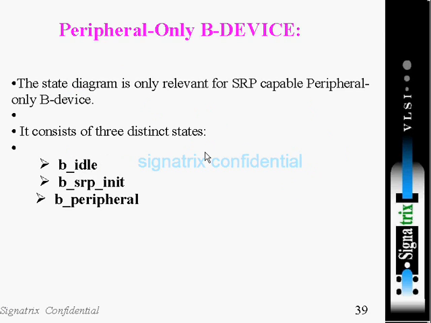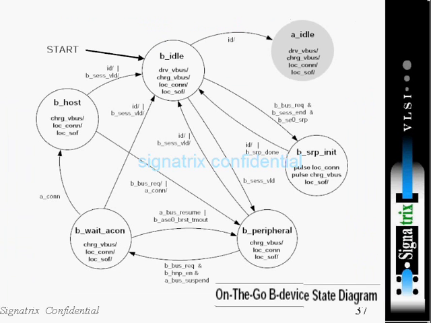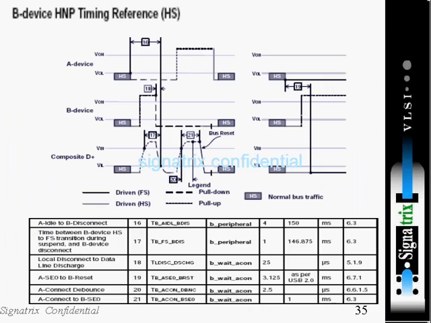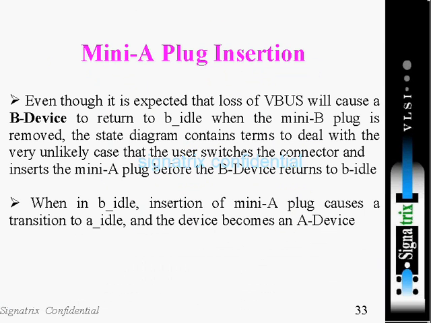We'll go back to the slide where we had some doubt. Now you read out this first point. Even though it is expected that the loss of VBUS will cause VBUS to fall, in the sense that we have seen, there are B session valid and A session valid, some voltage levels.